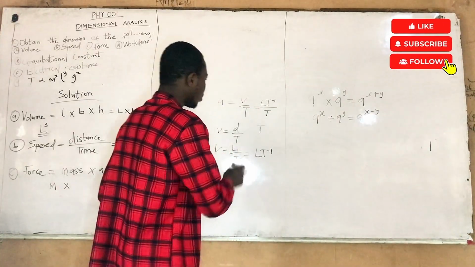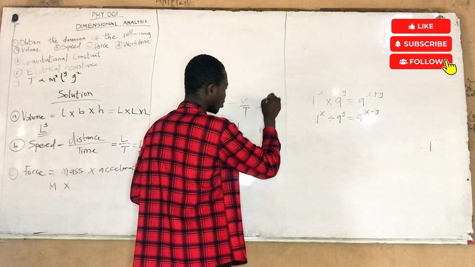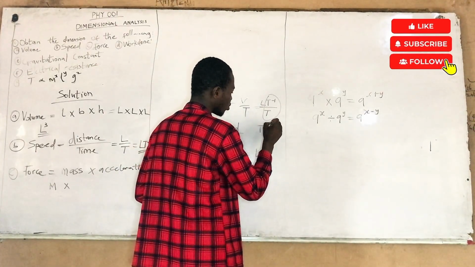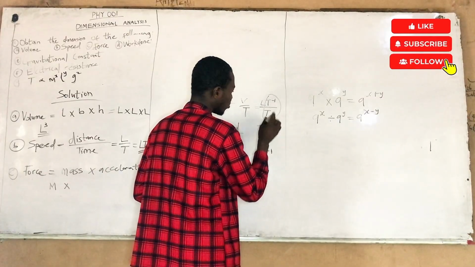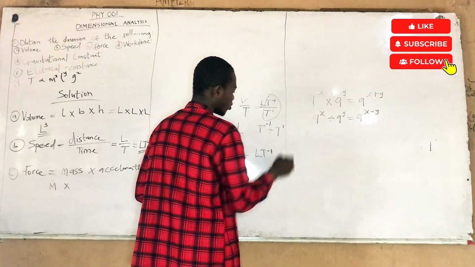So in this scenario, because we have t here, let's evaluate this: t raised to power minus 1 divided by t. There's an invisible 1 here, right?